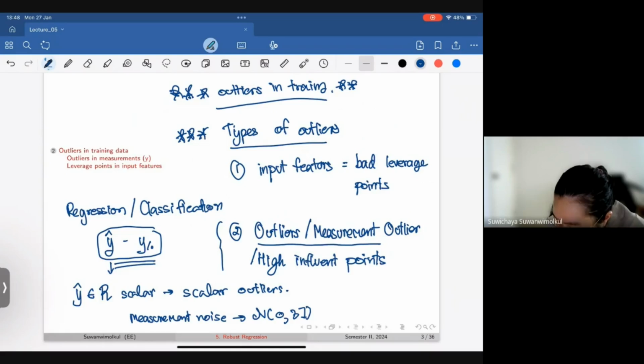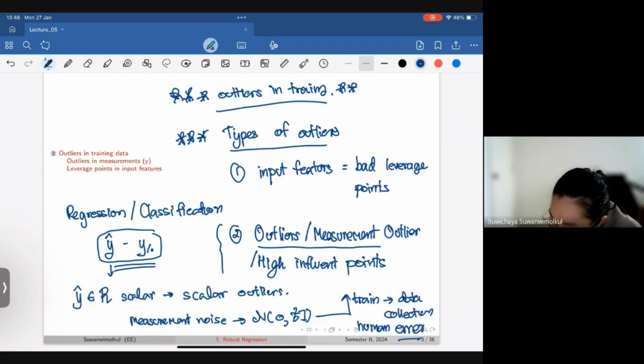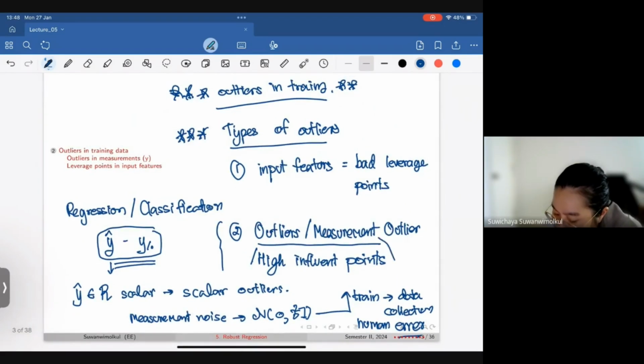We know that Gaussian noise is not big. But what if, in our data collection process, some of our training data is labeled inaccurately, such as through human error? Then these errors will stay with the measurements that we use in training.